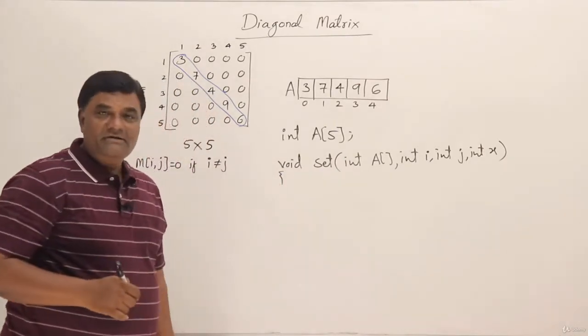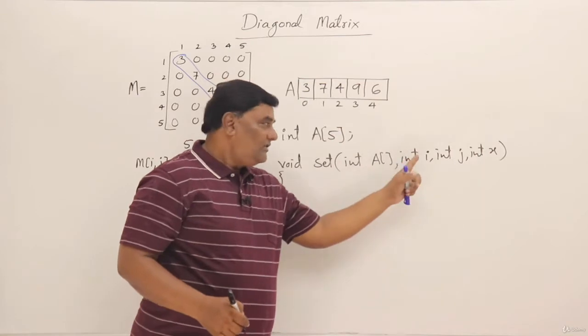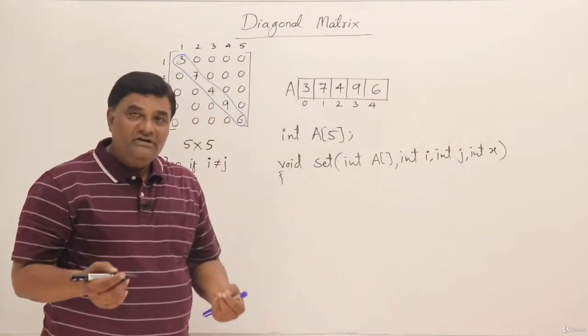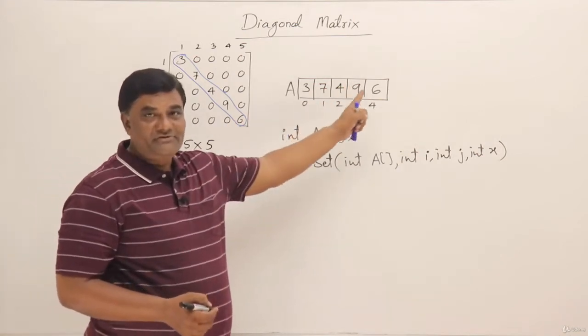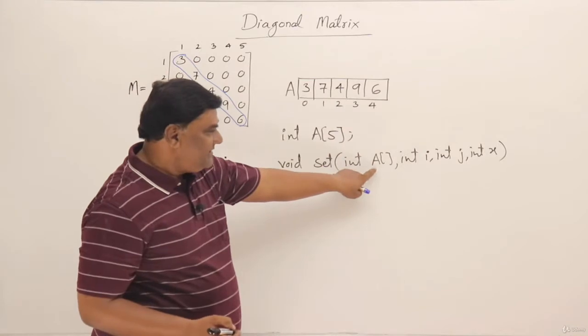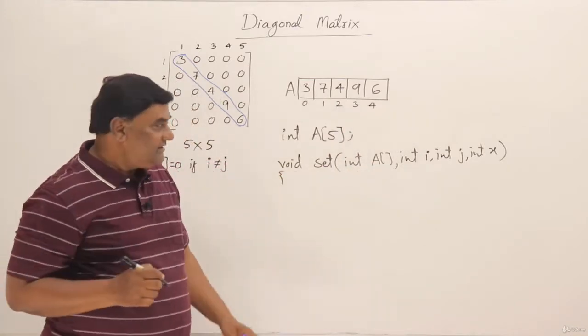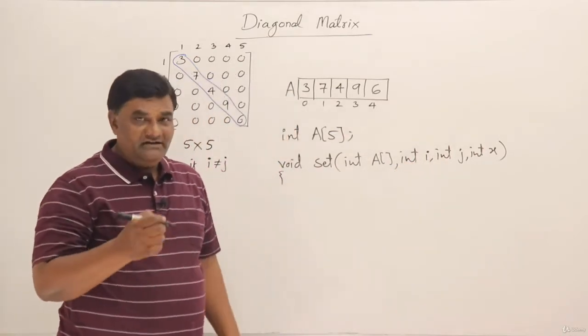So three more parameters are required: i, j, and x, the element that I want to store. So these are the parameters of the function: an array in which you want to store, the row number, the column number, and the element. Now, if I am giving an element for storing, it should be stored in the array that is passed as a parameter. So before storing, first check whether i and j are equal or not. Store only if they are equal.